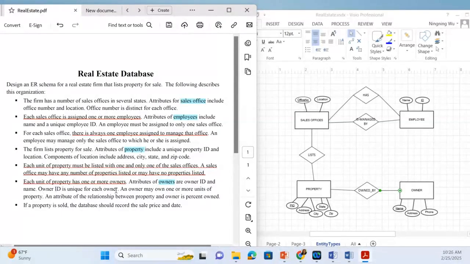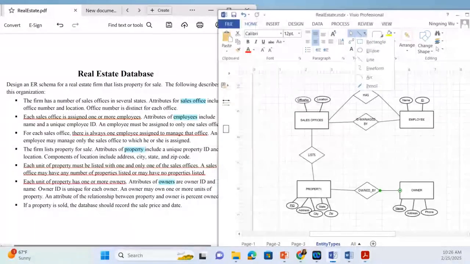So owner ID is unique for each owner and may own. So an attribute of the relationship between the property and the owner is percent owned. So that indicates we have to have an attribute to represent the percent. The best way for this attribute will be a relationship attribute.